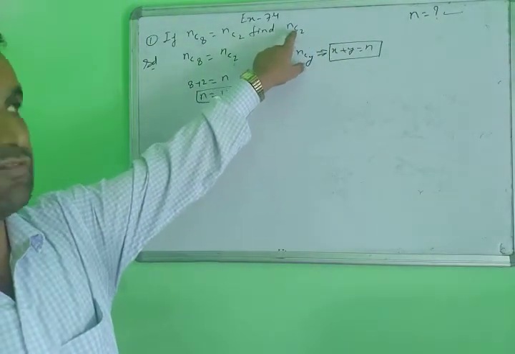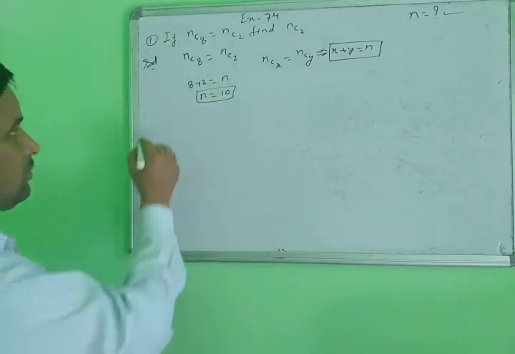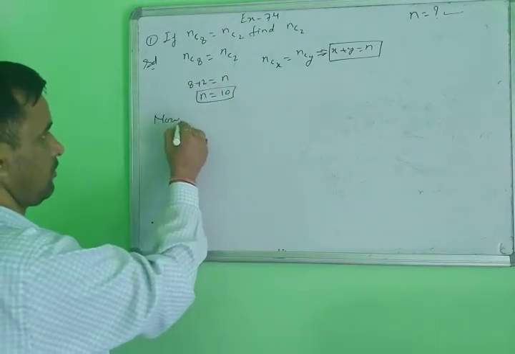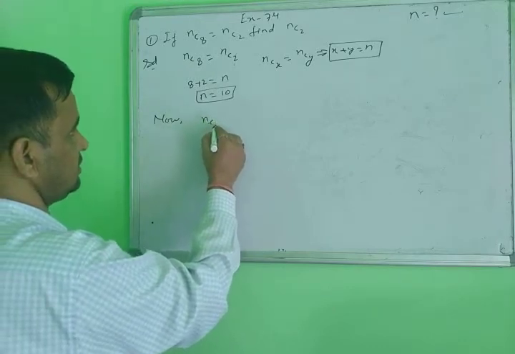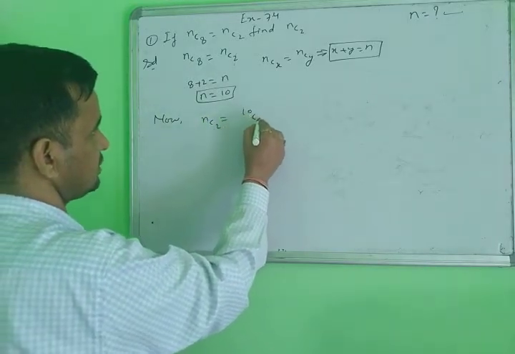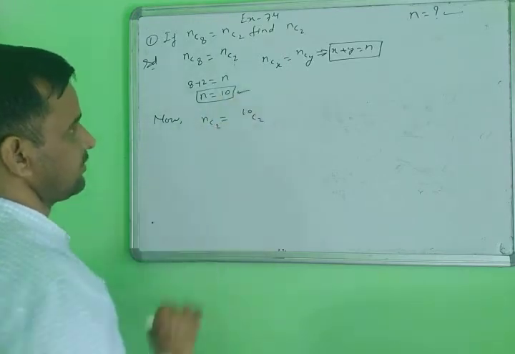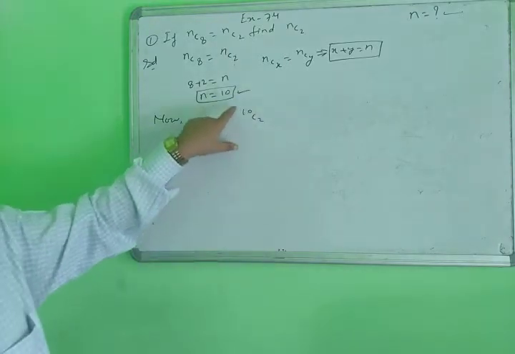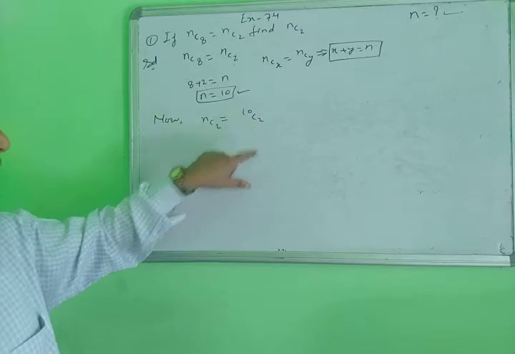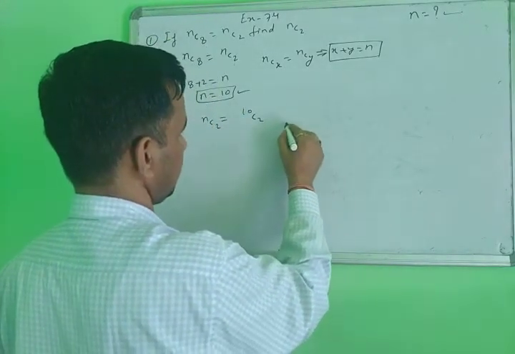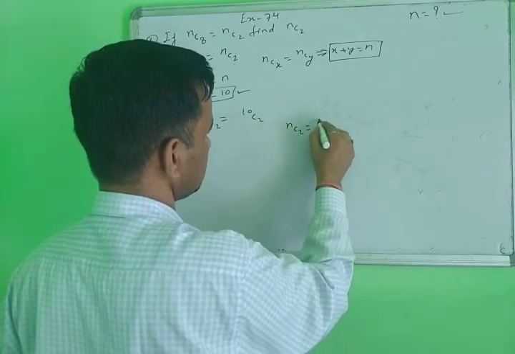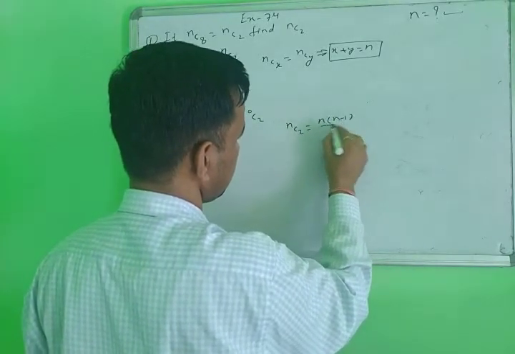Then you can easily find the value of nC2. Writing n as 10, it is 10C2. You have one more identity here: nC2 equals n times (n minus 1) by 2.